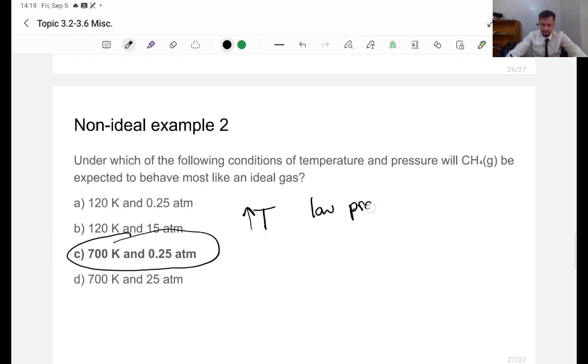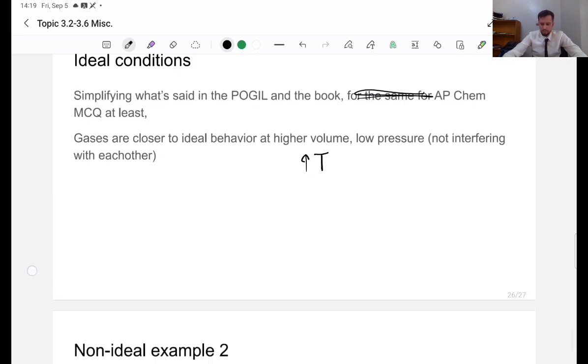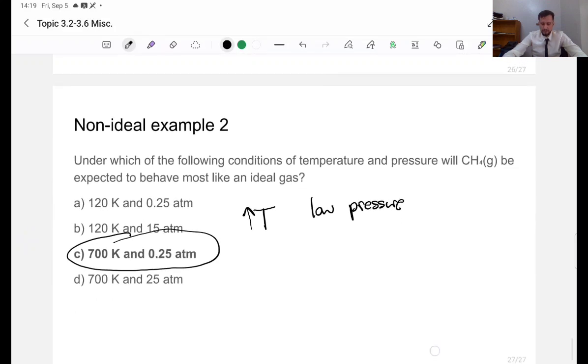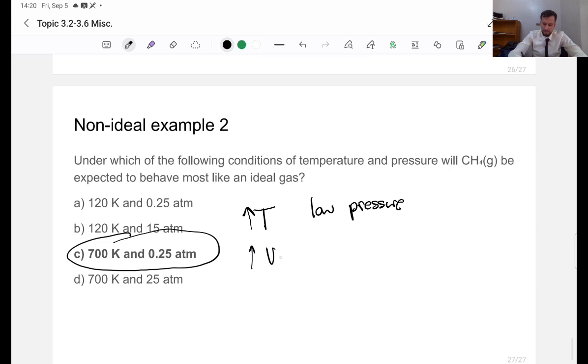We should also add that here, okay? So high volume, high temperature, low pressure is closest to ideal behavior. High temperature, high pressure, high temperature, low pressure, high volume. Basically the things that mean that they're moving more and there's less of them.